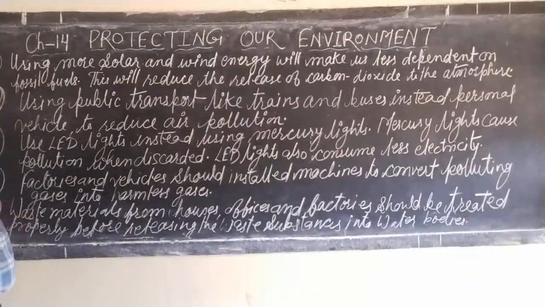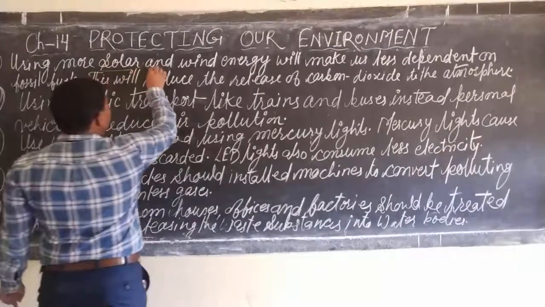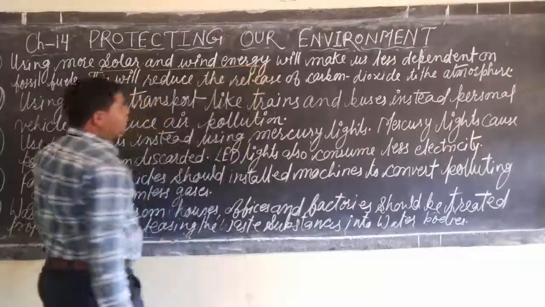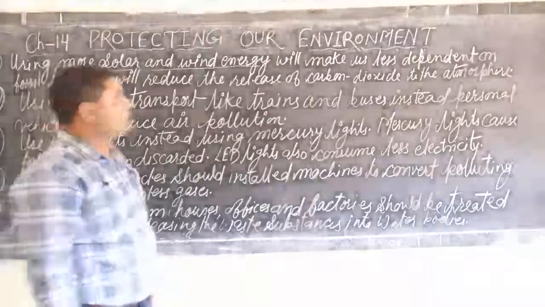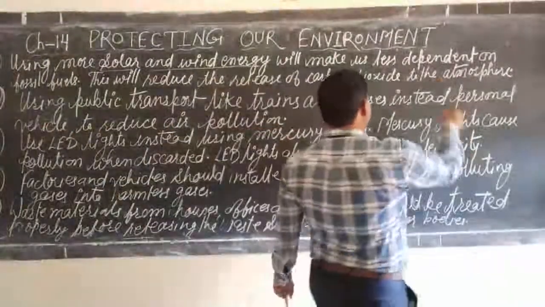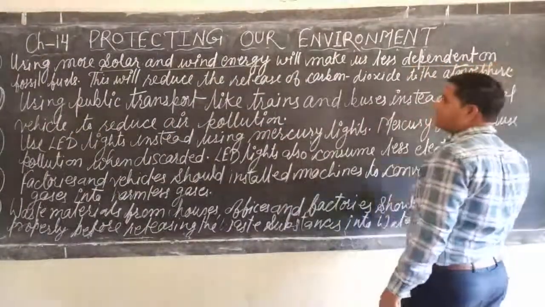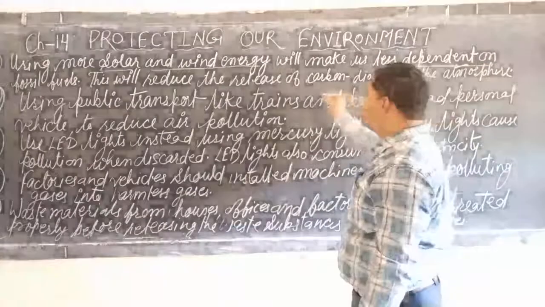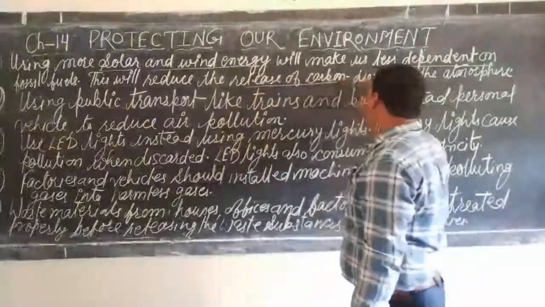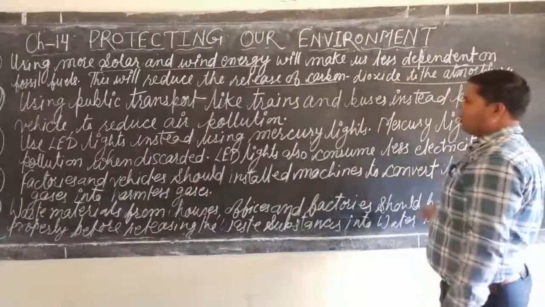Using more solar and wind energy will make us less dependent on fossil fuel. This will reduce the release of carbon dioxide to the atmosphere.